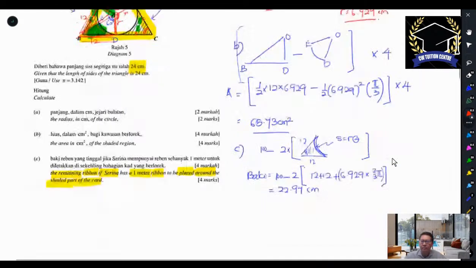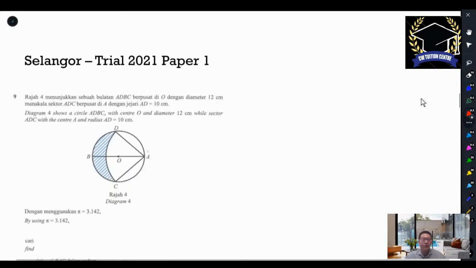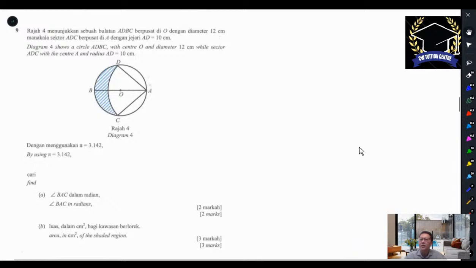And the next question now. I chose this from a Selangor trial paper. Let's look at the question over here.